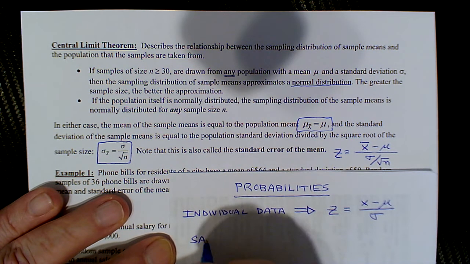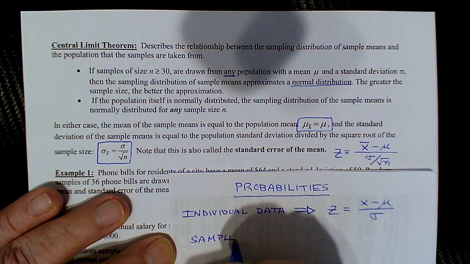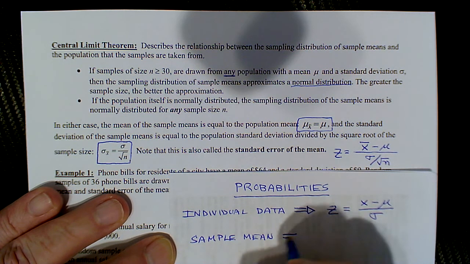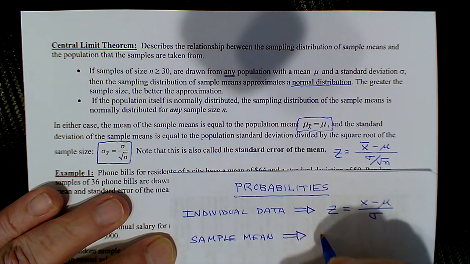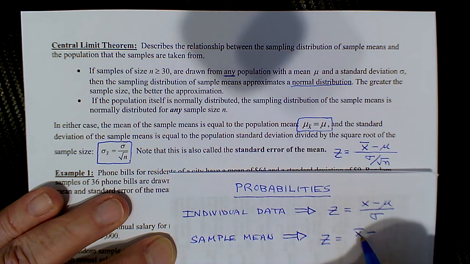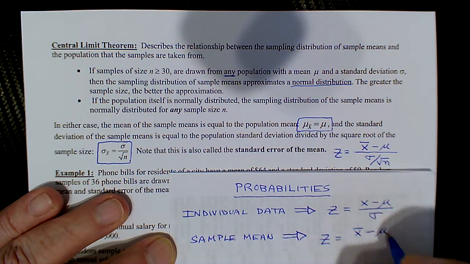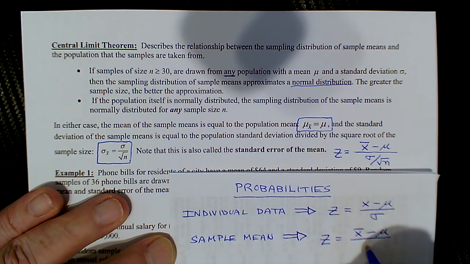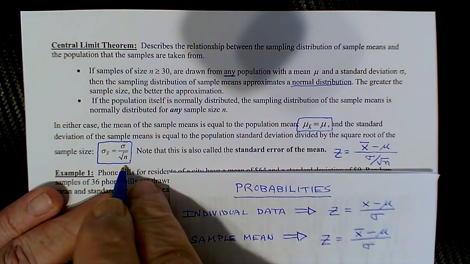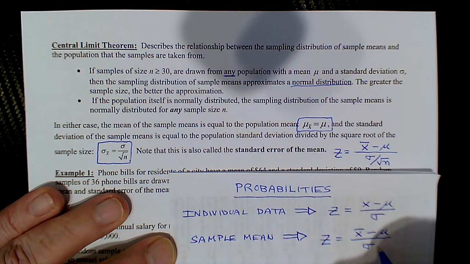But if we're talking about the probability of a sample mean, that's our central limit theorem. And the z-score formula changes because we're talking about a sample mean. It's going to be x bar minus mu over, as we wrote, sigma over the square root of n, but that's really the standard deviation of the sample means, as we noted here. So divided by sigma over the square root of n.